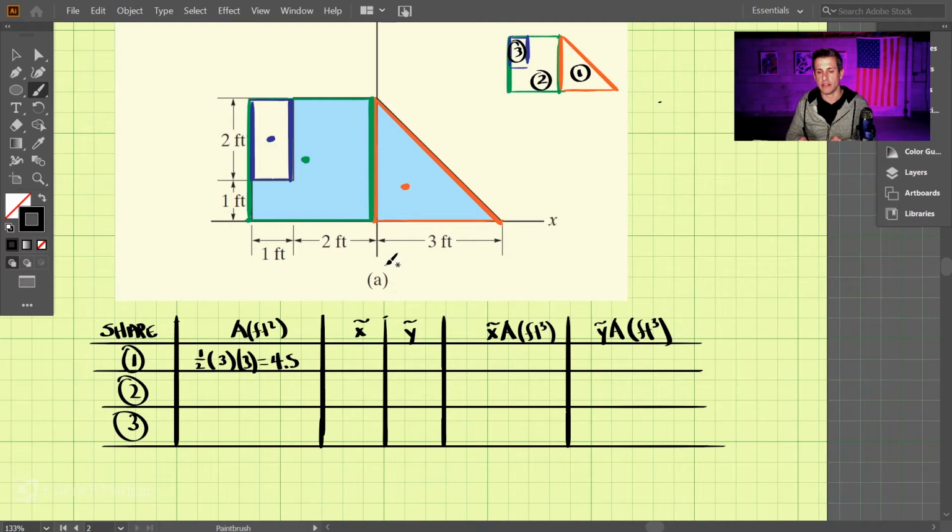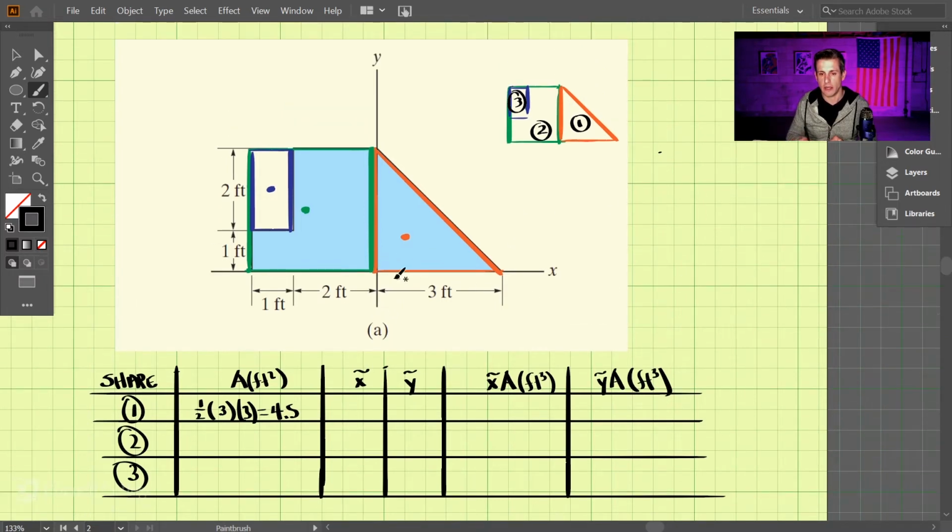X tilde is the distance away from the origin, which you can see here. And remember, in a triangle, the distance that the centroid is away is 1/3 the base. So if the base is 3 feet, we know x tilde here is 1. And likewise for y tilde, that's the distance along the y-axis.